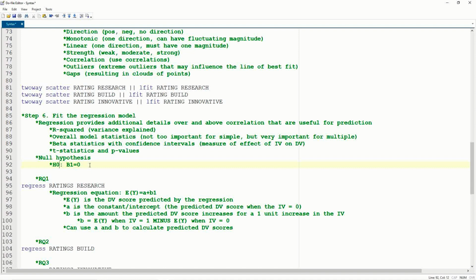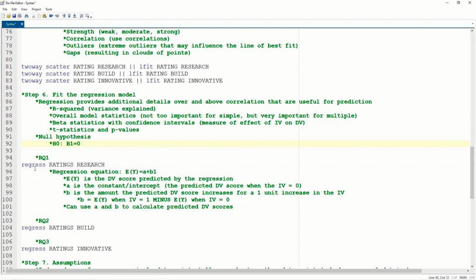Okay, so let's move on and get some output, because then we can actually start talking about this a little bit more. We'll talk about the regression equation once we've got some data, but to actually produce our simple linear regression, we use the command regress. Then we have our DV, which should be rating, not ratings, and then we have our IV, research.